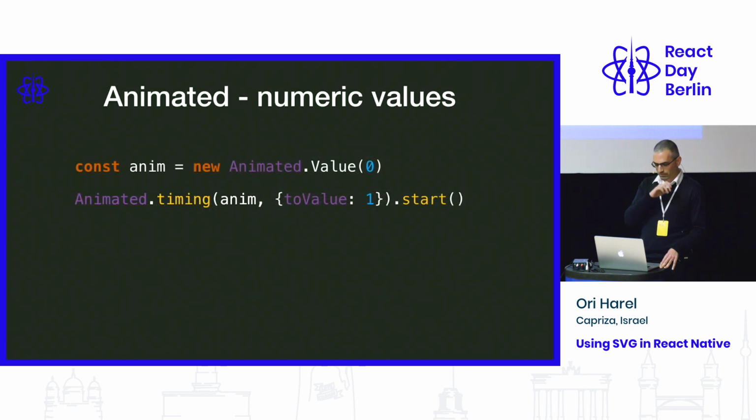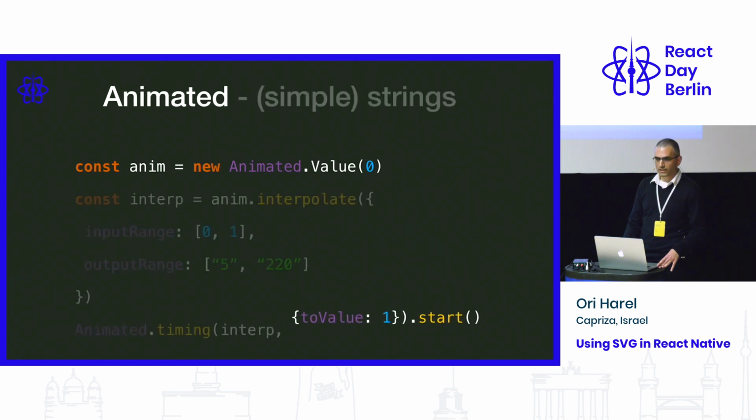The Animated API. Probably everyone who writes code in React Native quickly gets to do some stuff with the Animated API. And the Animated API is all about animated values. You create a numerical animated value, which only receives a numeric value, and you can run the animated value with the API, timing.start.